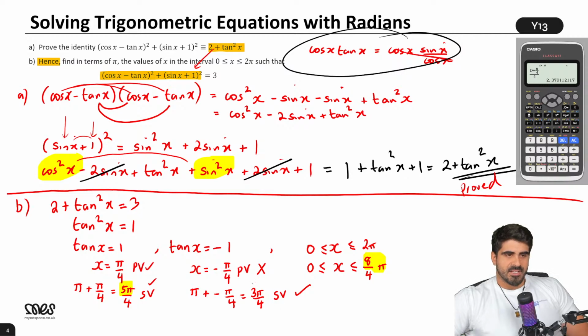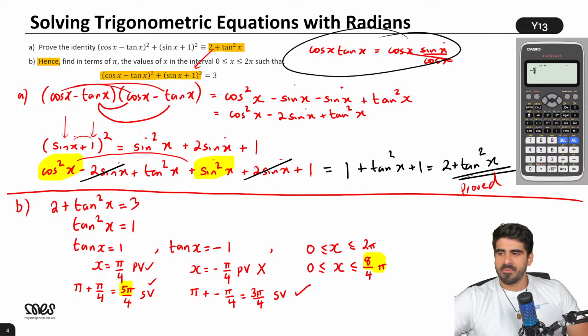If you add 2 pi to this, it's going to be way too big. It's the PV. You could try it: if you do 3/4 plus 2 in your calculator, you get 11 over 4, so it's too big. You should always really be starting with the primary value, so doing minus pi over 4.